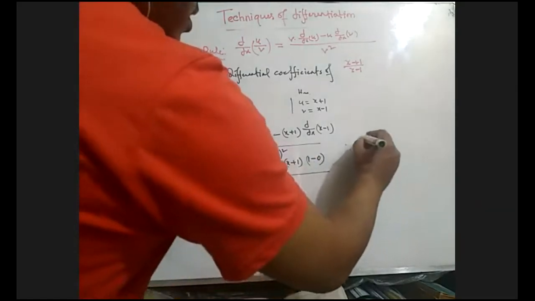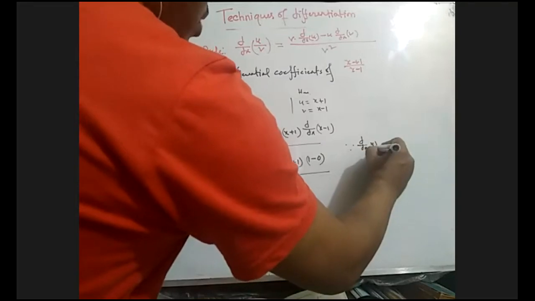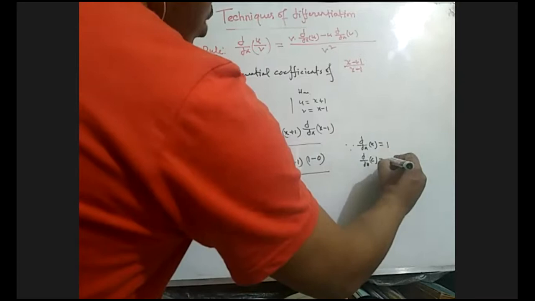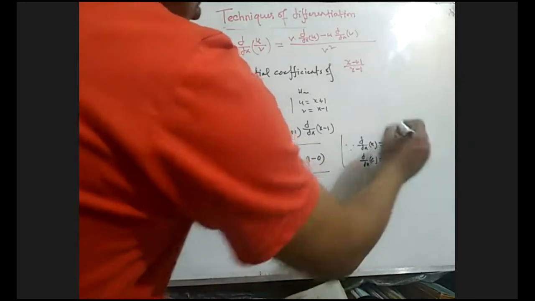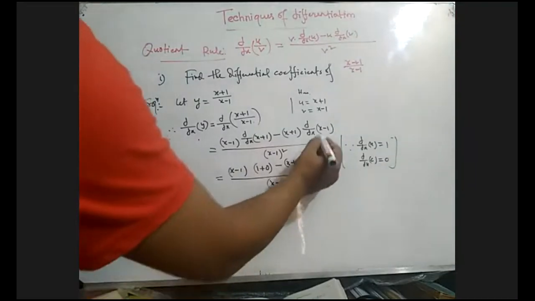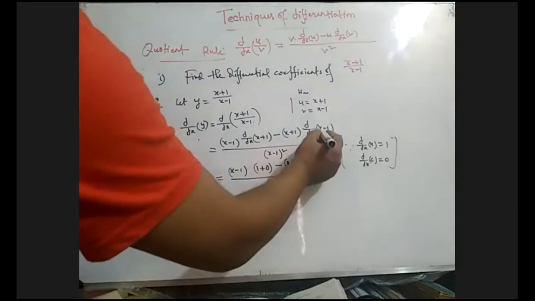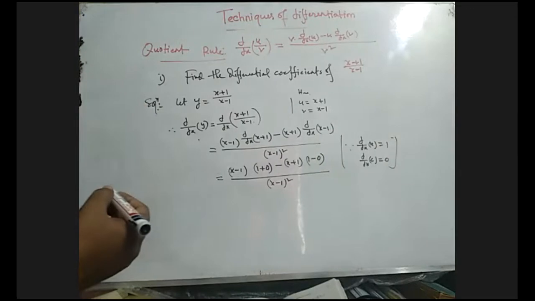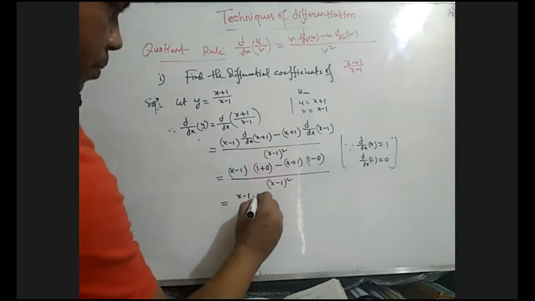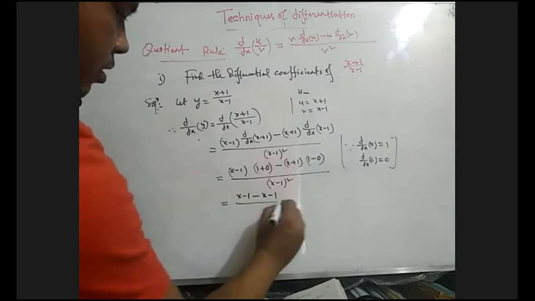Because here d/dx of x is 1, and d/dx of any constant is 0. Using these two rules or formulas from the chart, because 1 is constant, this is why it is 0, and x is formula 1. Now (x minus 1) minus (x plus 1), divided by (x minus 1) whole squared.